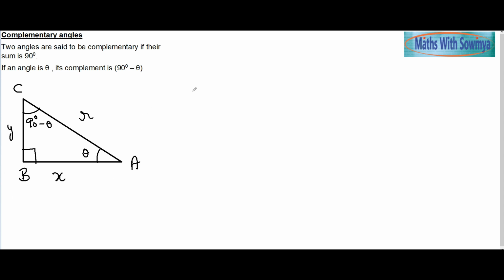Now let us find sin theta. Sin theta is perpendicular by hypotenuse. Perpendicular is y here, hypotenuse is r, so sin theta is y by r. Similarly, cos theta is base or adjacent by hypotenuse, x by r.